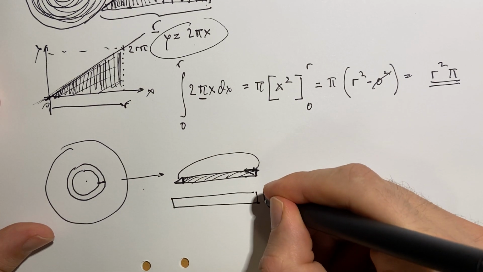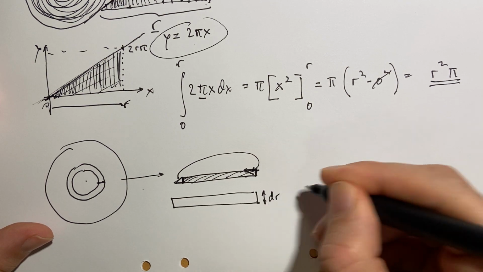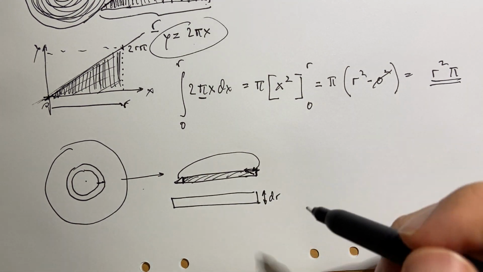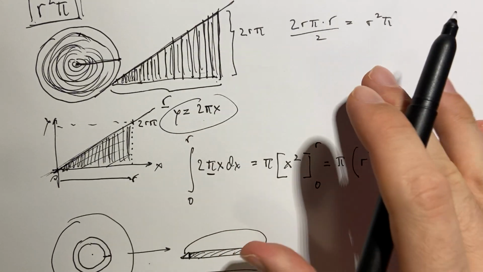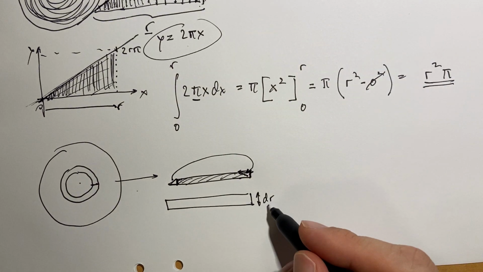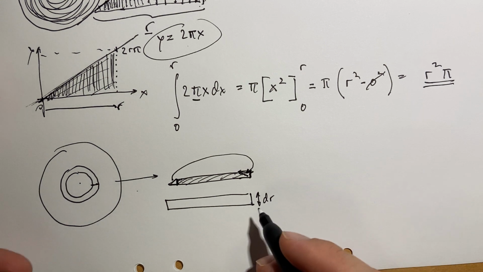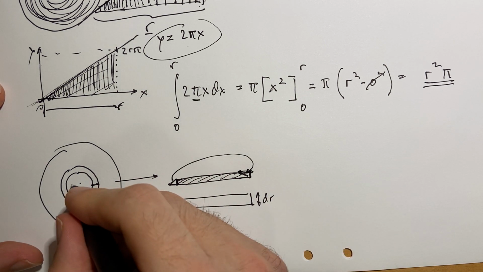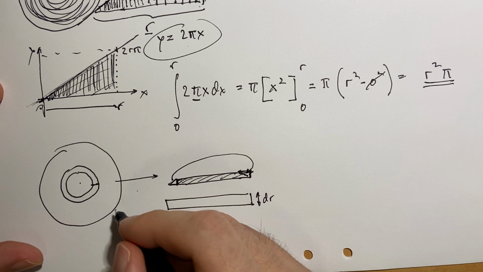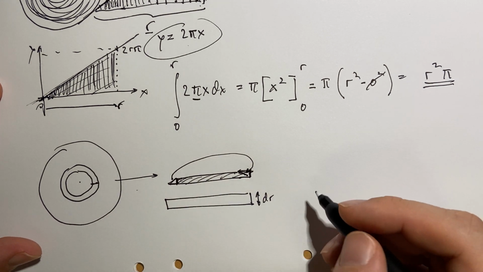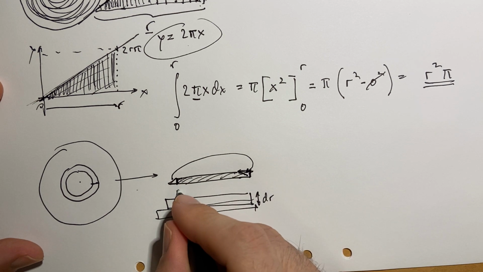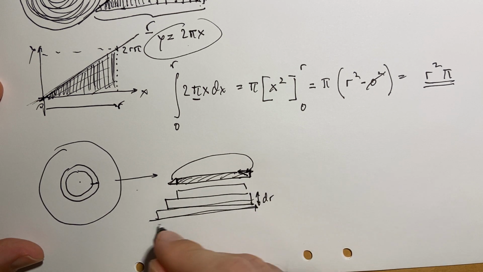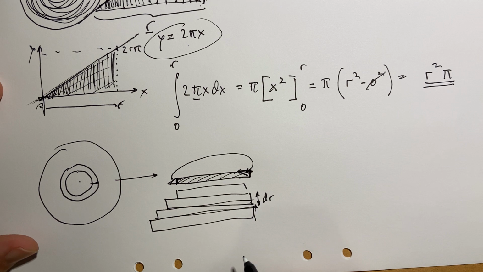The width of this rectangle we can set to dr. And the trick now is, as I've said before, that we made the width infinitely small. So dr is infinitely small, which would then result in an infinite number of these concentric rings within the circle. So we'll have a rectangle here, rectangle here, rectangle here, and so on.